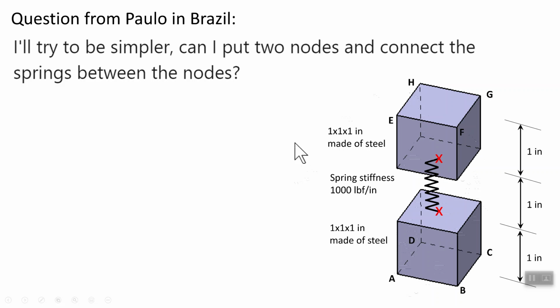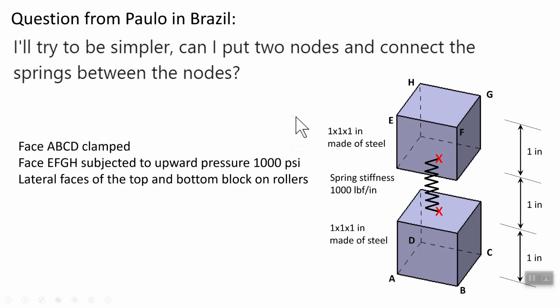I'll come back to that in a second. The face A, B, C, D is clamped, and all these peripheral faces of the top and the bottom block are surface sliders or rollers, and then a pressure is applied to the top face so that it pushes this thing up and makes the spring stretch.